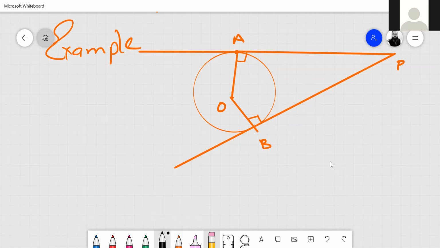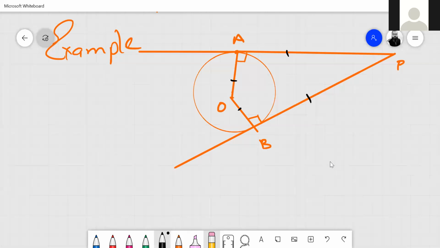Yes, it is a quadrilateral, one, two, three, four sides. And OABP is a quadrilateral, so the interior angles should be 360, meaning that all the angles should add up to 360.